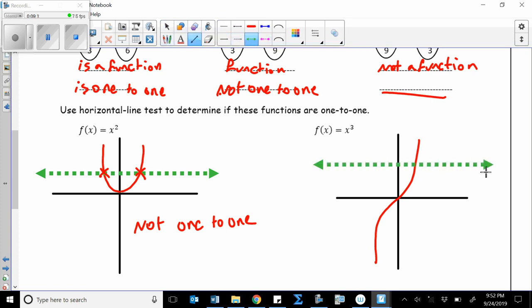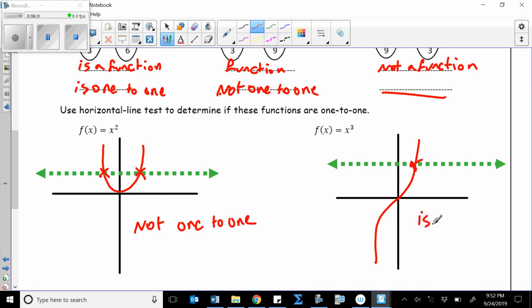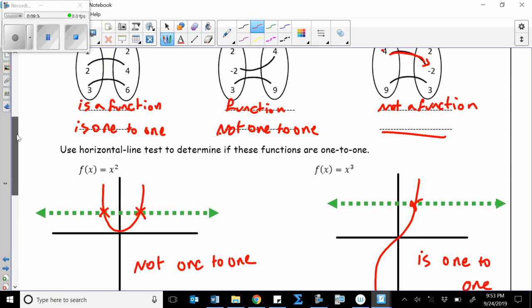So I use a horizontal line, and as I move it on my graph, I see that always it's passing through only one point. Always passing through only one point. So this one is one-to-one. So that's how we can say if a function is one-to-one or not.